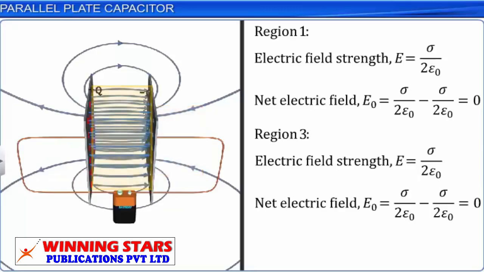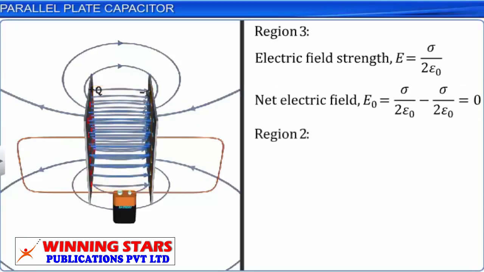Now let us look at region 2 between the plates of the capacitor. In region 2, due to the positive plate, the electric field strength E is equal to sigma by 2 epsilon naught, directed away from the positive plate and towards the right.